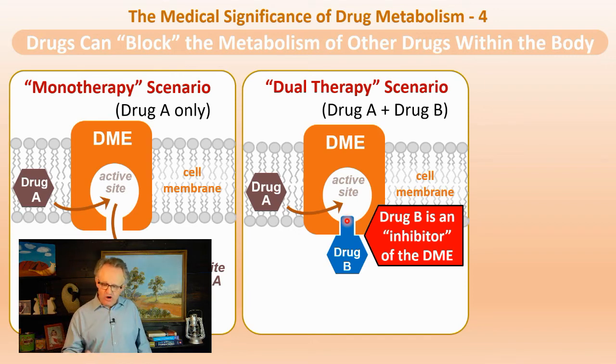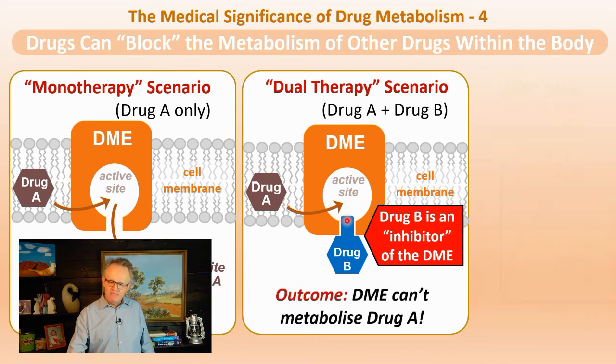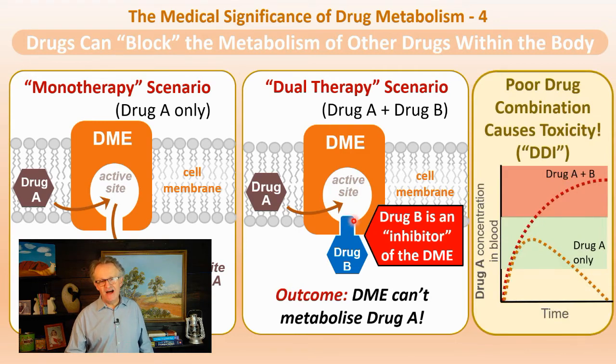And this is a really common problem in modern medicine because of the phenomenon of polypharmacy, the use of multiple medicines simultaneously. You have to be very careful that we're not administering a drug that slows down the metabolism of existing drugs in the patient, because this can result in dangerous increases in blood concentration, so that safe doses of drug A may actually start causing problems just because we co-administered another drug that blocks the metabolism of drug A. Very common problem.